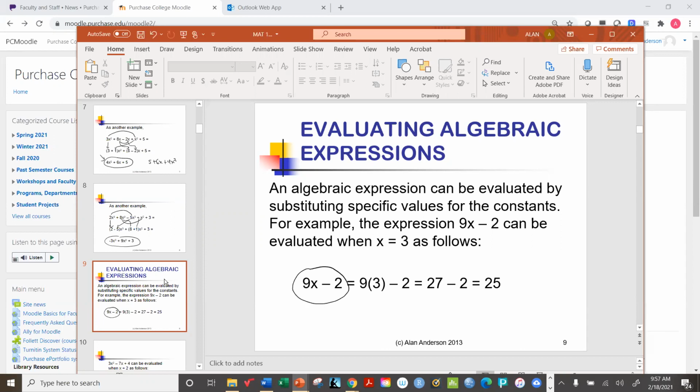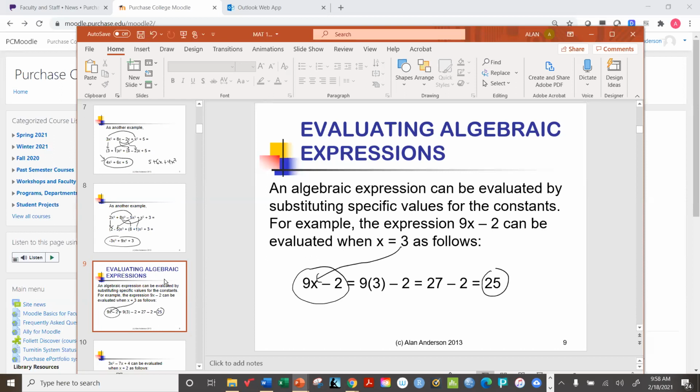So if you wanted to buy 3 units of this product, you simply plug the 3 into the x, and you see that you're actually going to pay $25. $9 each, but here's the discount of $2, and so the total cost is $25.